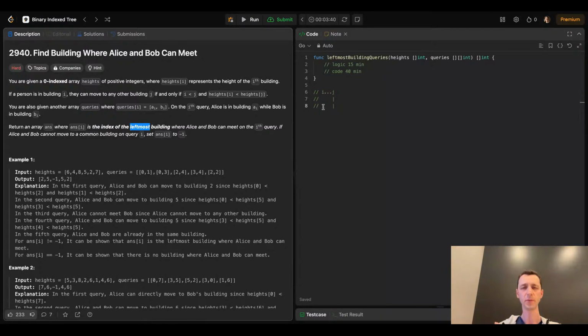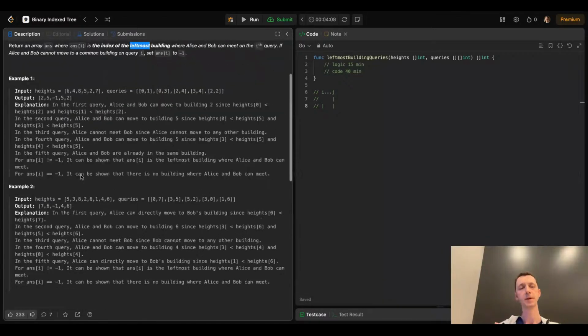I thought you could only move from left to right, but they're saying, well, yeah, the leftmost. If Alice and Bob cannot move to a common building on query i, set ans[i] to -1.